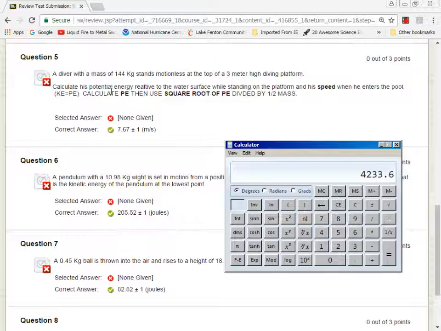So that is the PE. Then you use the square root of PE divided by 1/2 mass. If we divide that by 0.5 times 144 and then square root it, it's still not right.